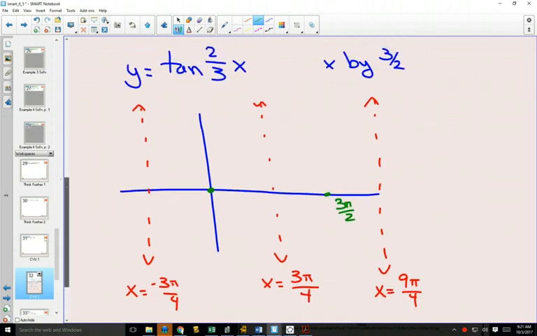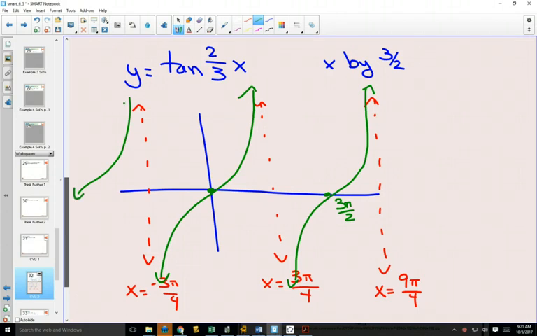And having those asymptotes and having those x-intercepts labeled is enough. You can now draw your curve like your x-cubed graphs. And we've got our graph of tan.